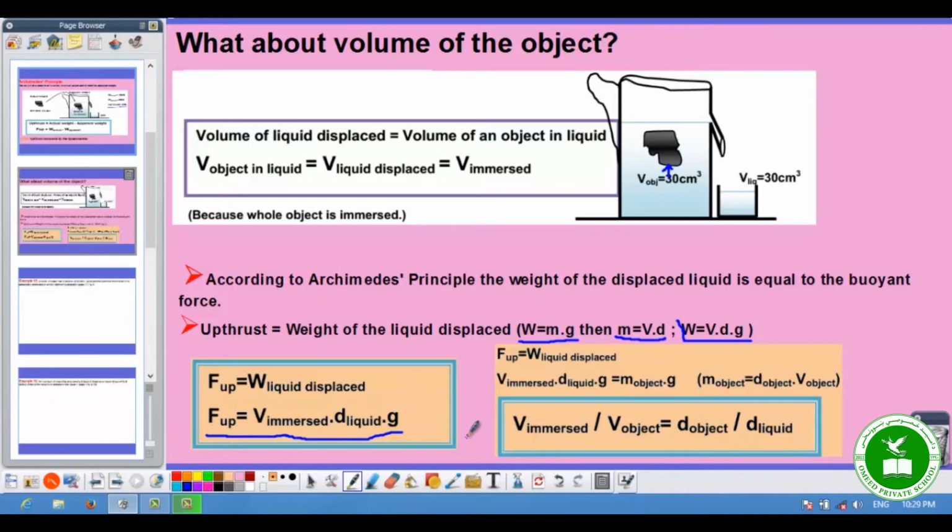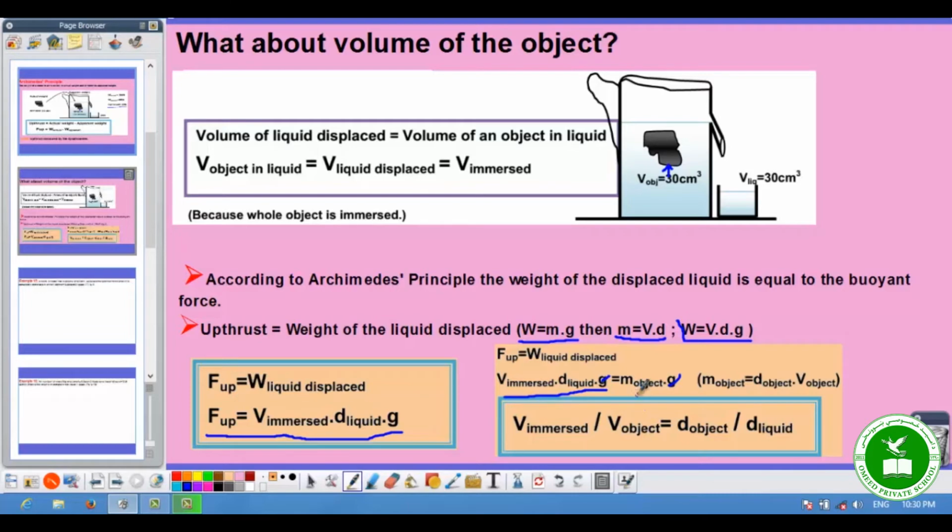Okay, we can derive another important formula. You see here, upthrust force is equal to the weight of liquid displaced. Now you know weight is m times g, right? And this is the formula of upthrust force. Now see, g gets cancelled.